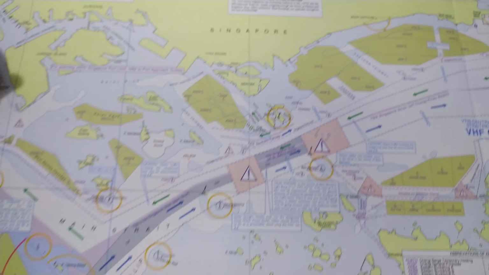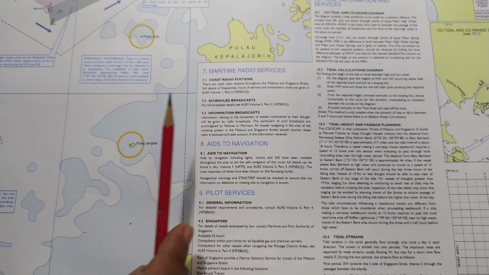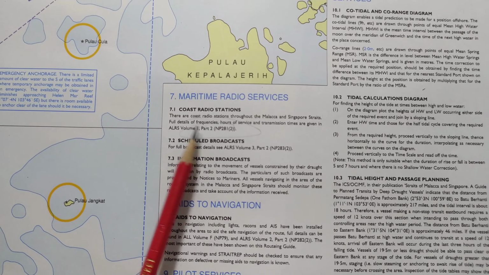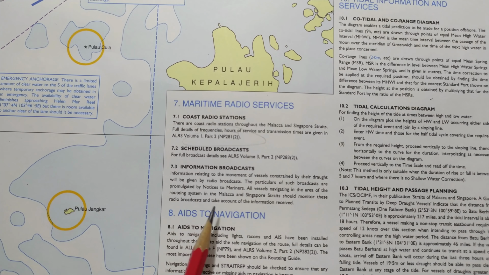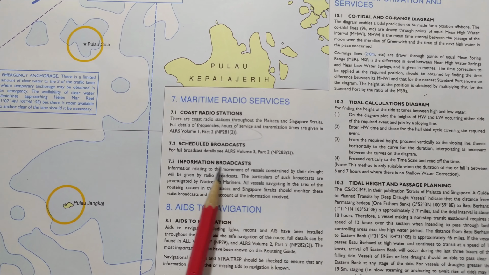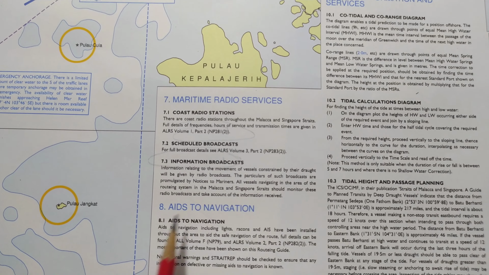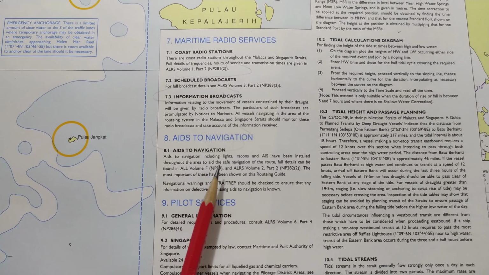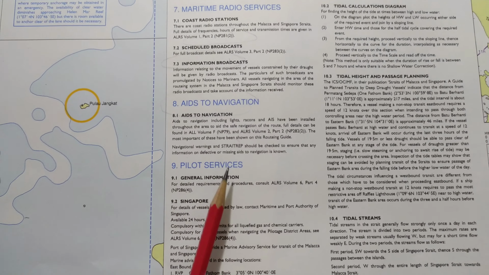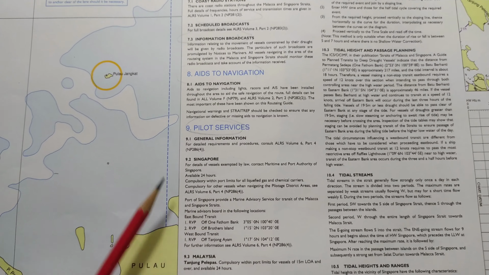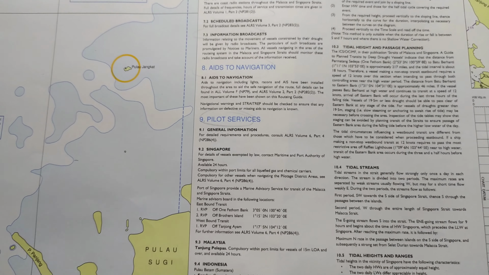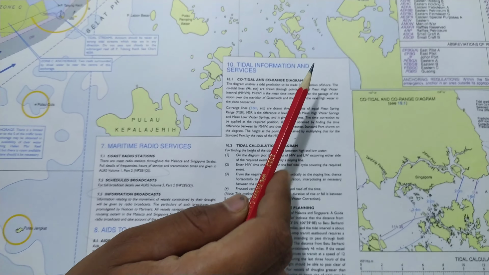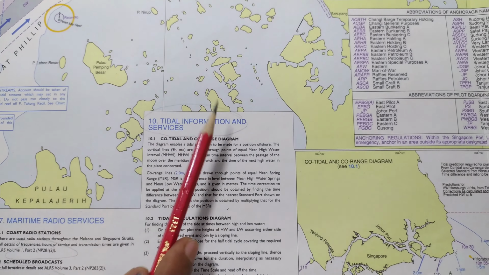After this come the maritime radio services, which ALRS volume you have to refer to, and the information that is going to be broadcast. Then the aids to navigation, which is basically the ALRS. Then come the pilot services, where the pilot boards. After this comes one important thing called tidal information and services.